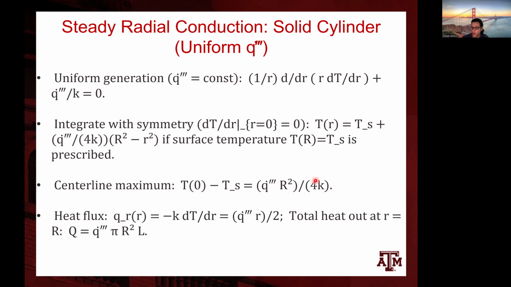You can also derive an expression for the flux at any position. This is just the gradient of the temperature multiplied by thermal conductivity. So that will give us a function that depends only on the radial position and the amount of heat generated.